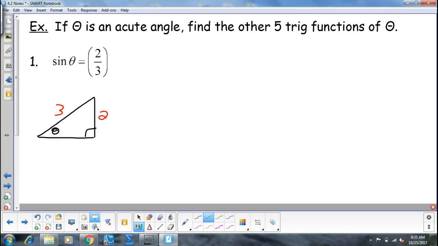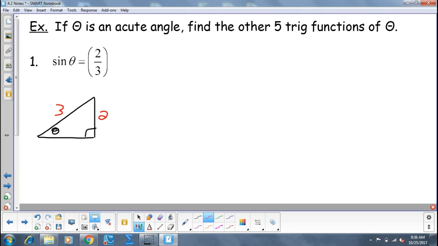That's what the 2/3 tells me. SOHCAHTOA. Okay? Sine is opposite over hypotenuse. If you wanted to relate it back to the unit circle, then your opposite side would be 2/3, and your hypotenuse would be 1. If you wanted to use it that way.